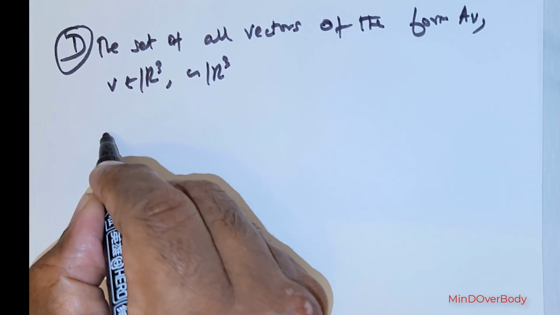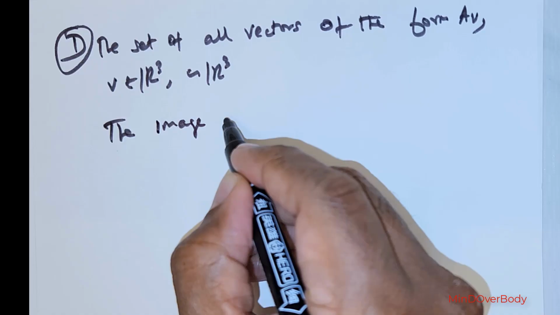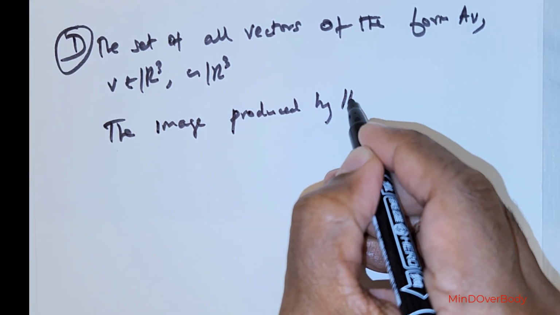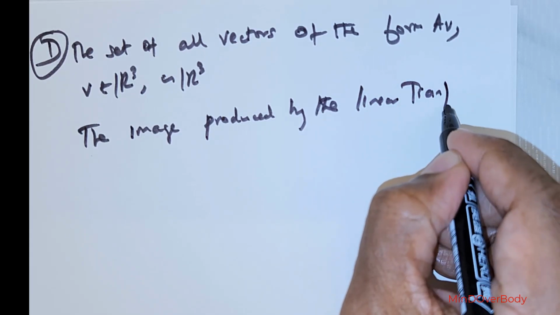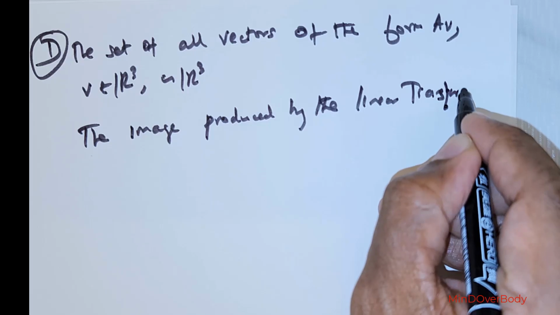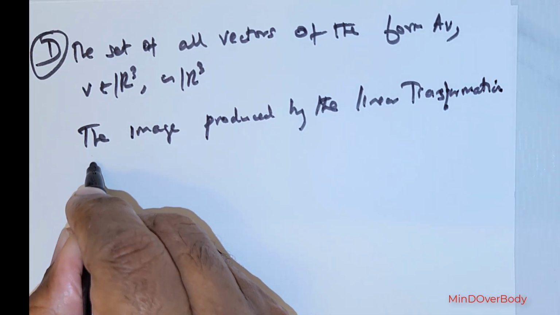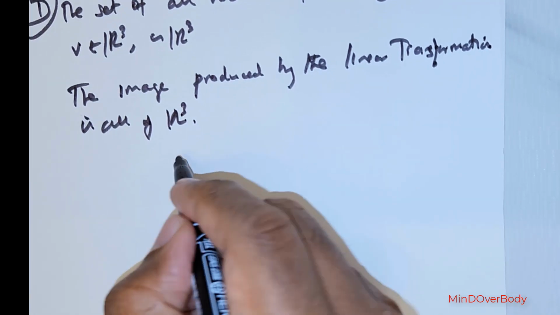It means the image produced by the linear transformation is all of R3.